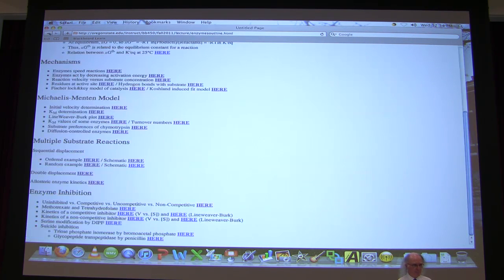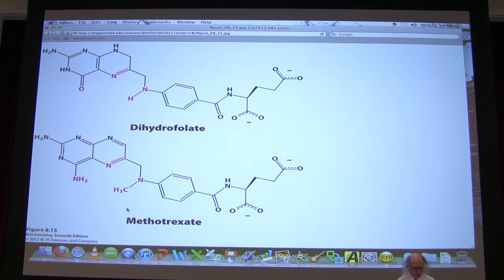All right. So here's an example of a competitive inhibitor. Methotrexate is a man-made drug. Dihydrofolate is a normal substrate for an enzyme that's involved in nucleotide metabolism. Our cells need to use dihydrofolate ultimately to make nucleotides.